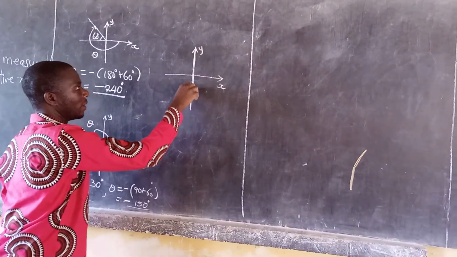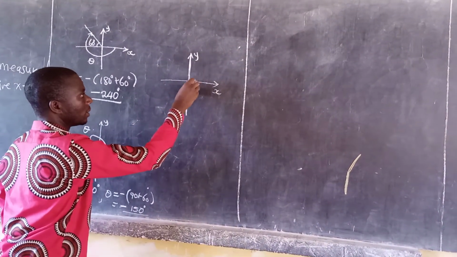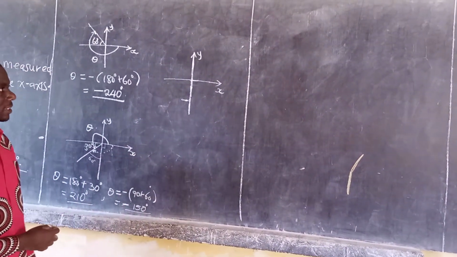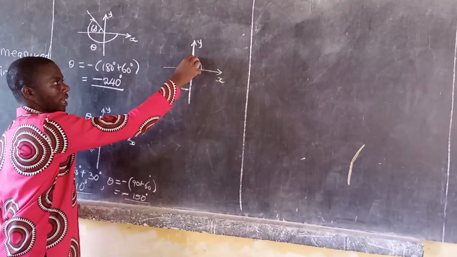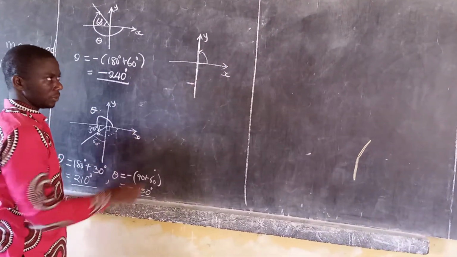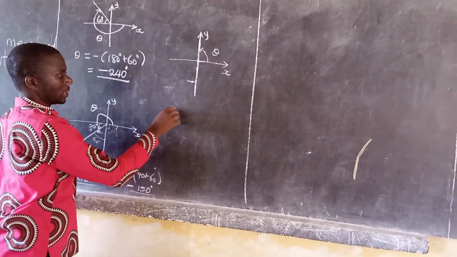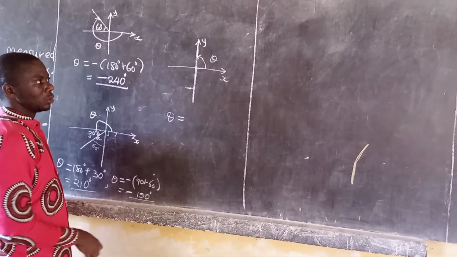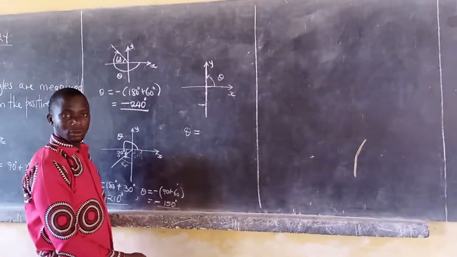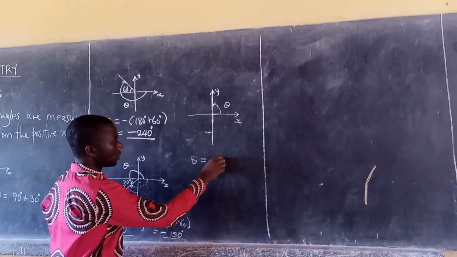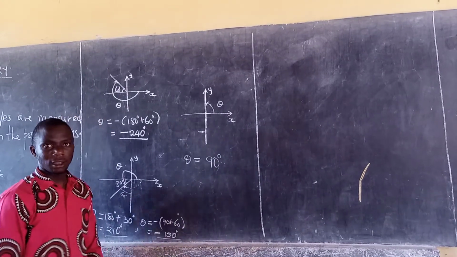This is our angle. So which angle is that? When you take the positive angle, we move in this direction. That is our theta. We can all see this is an angle of 90 degrees.